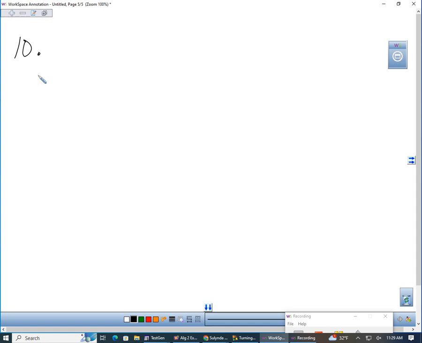It says, suppose you have a closed rectangular box. The edge lengths are x, y, and z, changing at the rates. So first of all, I'm going to go ahead and draw you your box. All right, so x, y, and z of my box.